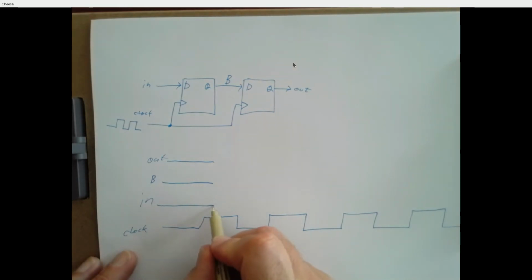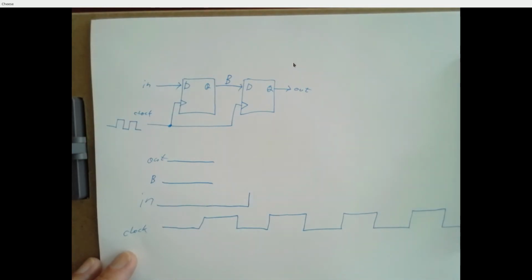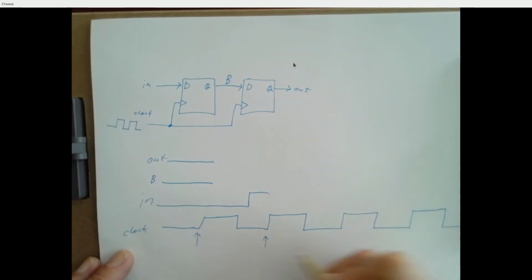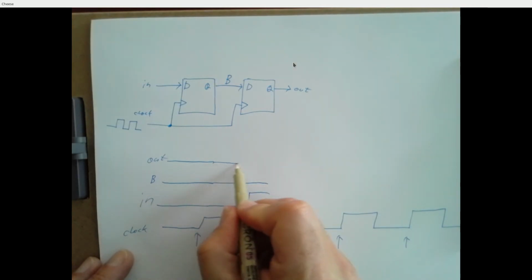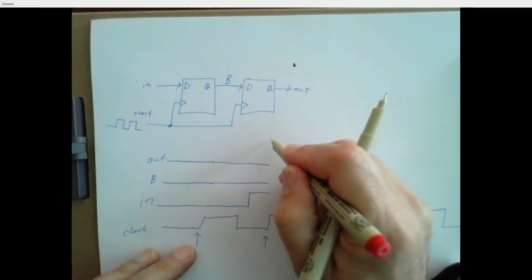All right, let's suppose that over here I raise my input to a 1. So nothing happens until we get to this rising edge of the clock. So up to this point, B is still low and out is still low. At this edge right here, stuff happens.